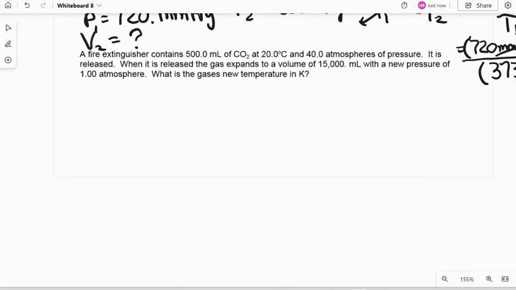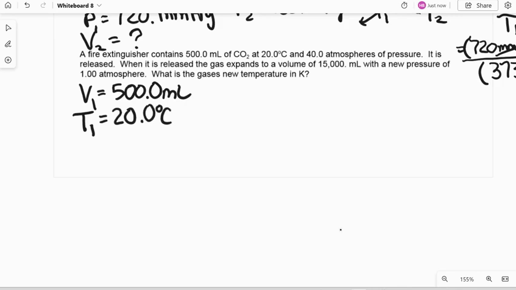One more of the combined gas law. A fire extinguisher contains 500 milliliters, so that's V1, of CO2 at a temperature of 20.0 degrees Celsius. Add 273 to change it to Kelvin. And 40 atmospheres of pressure.